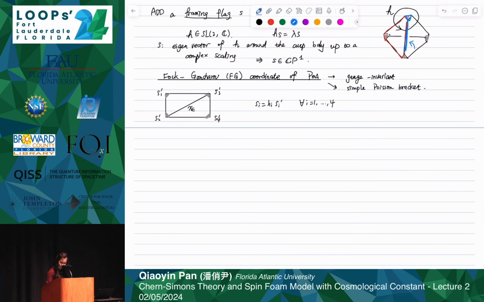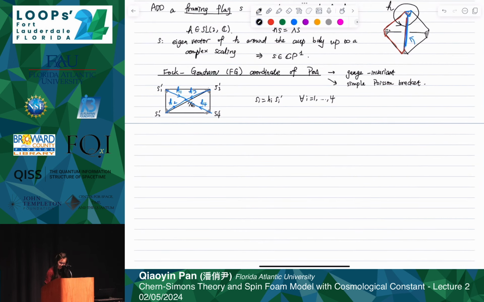Let's choose a point inside this quadrilateral, and parallel transport S1 prime using H1, S2 prime using H2, and then H3, H4. Then I define S1, S2, S3, S4.